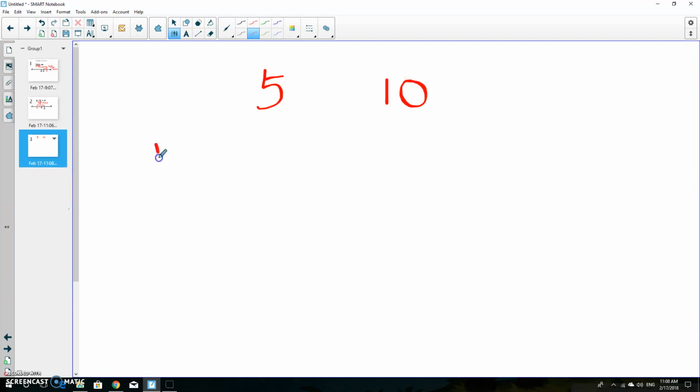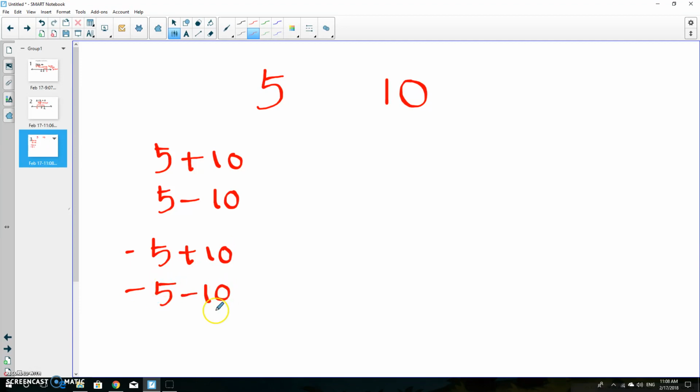We can start with 5. We can add 10 to it. That's the easiest one. Next one, 5 minus 10. Okay, I'm going to show you all the combinations there are. And then let's switch the 5 to negative 5. So we have negative 5 plus 10. Negative 5 minus 10. And then we are going to keep the 5.